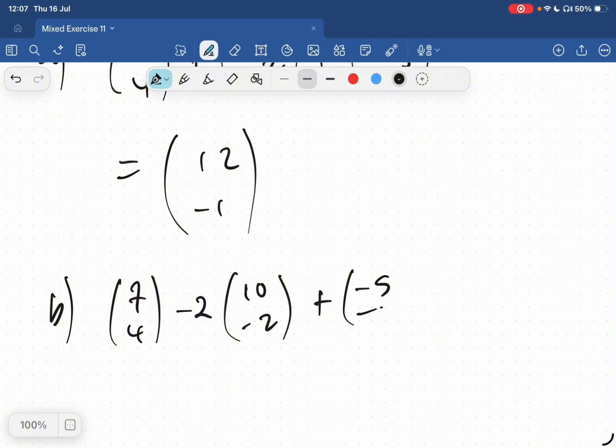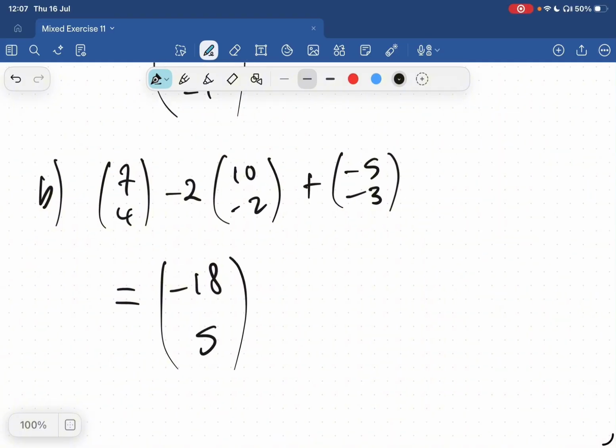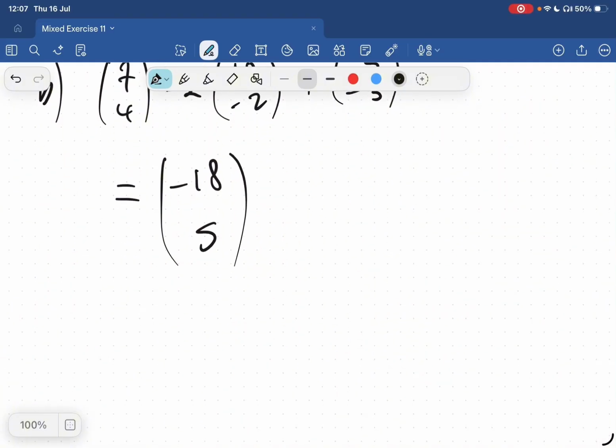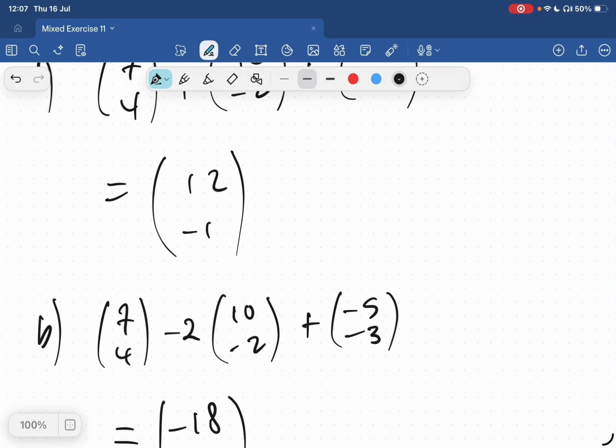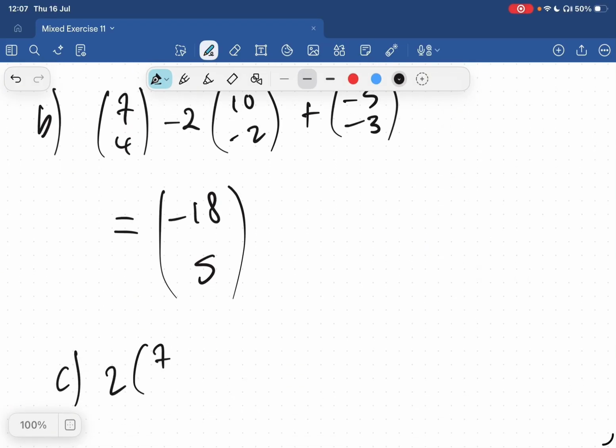As you can see already, these negatives can start getting confusing if we're not careful. So 7 take away 20 is -13, take away 5 is -18, and 4 plus 8 take away 3 is 5.